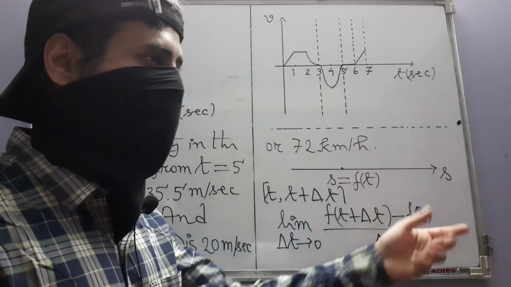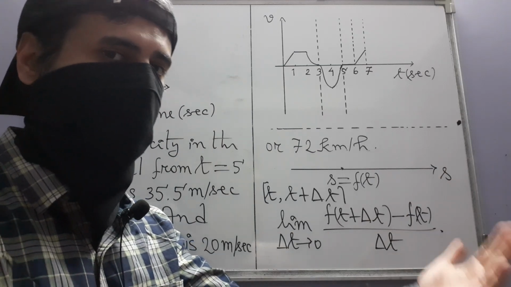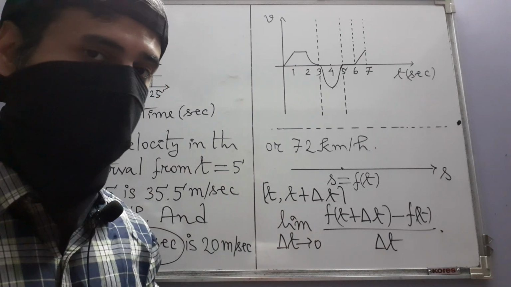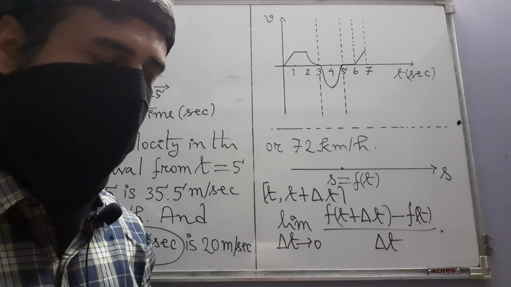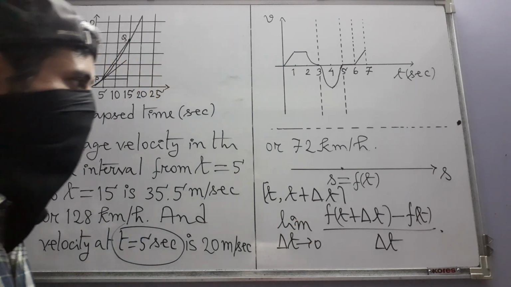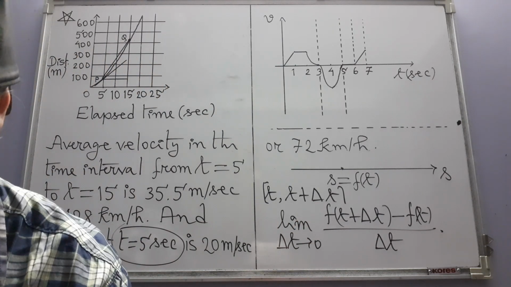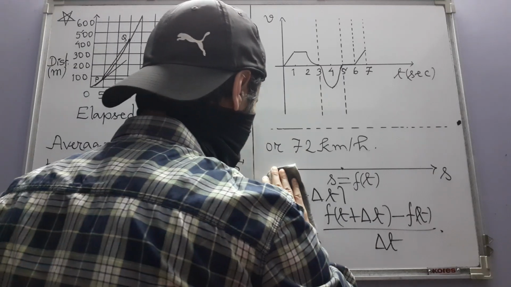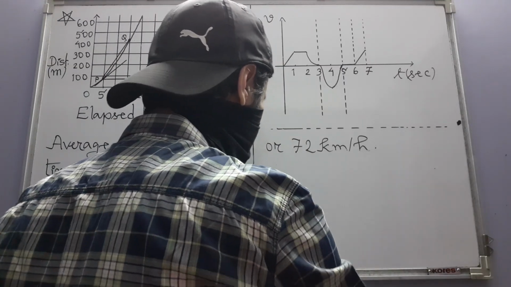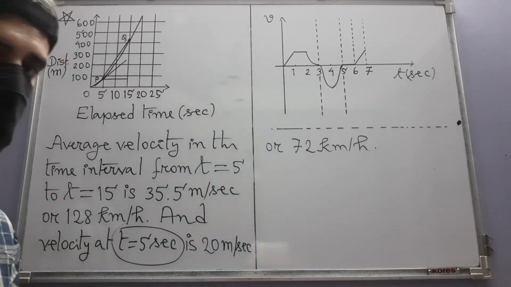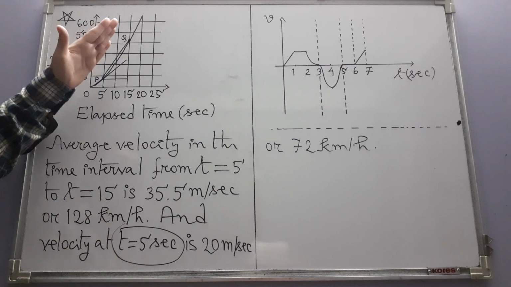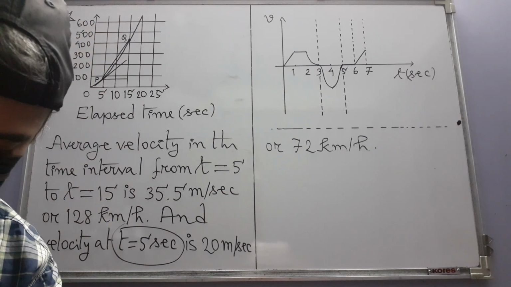So in one half, the average velocity is positive, in the other half, the average velocity is negative. The same will also happen to instantaneous velocity, because it's just a limit of such quantities. And that is why when you draw graphs of such a motion, distance versus time graph, it may look like this. Okay, it may look like this.